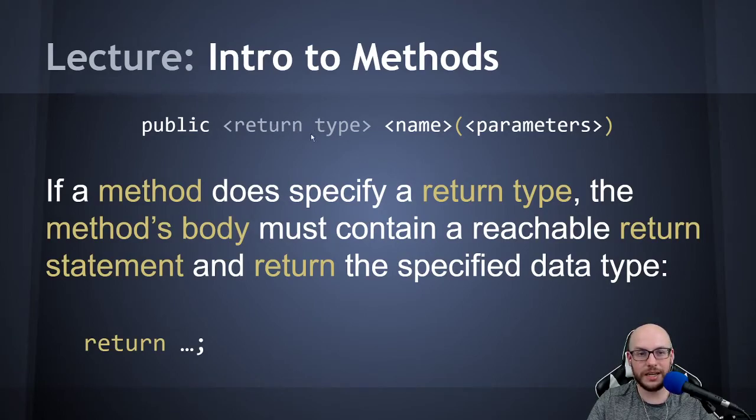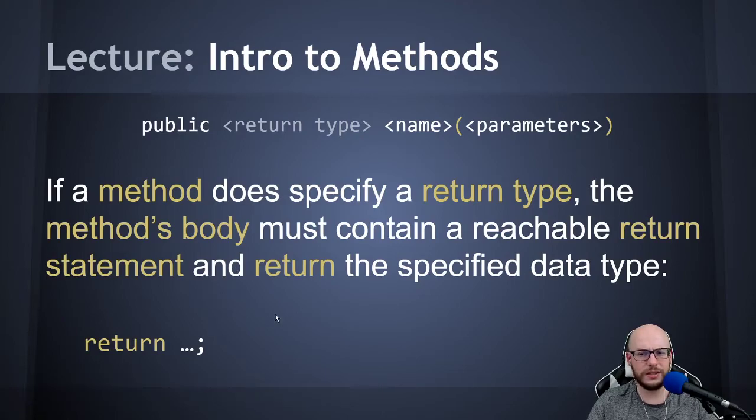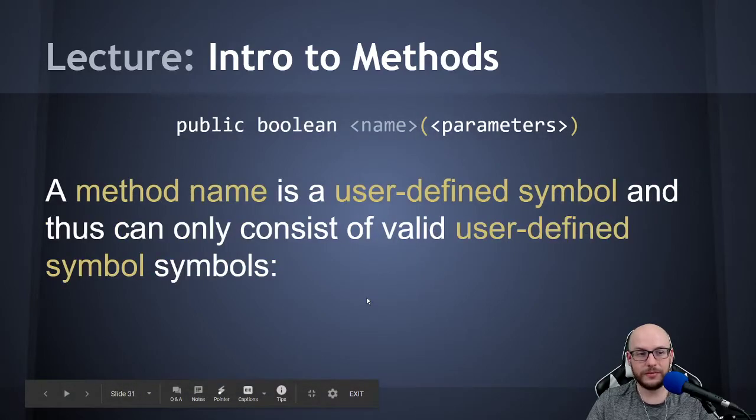If we specify a data type here, we're going to have a return statement. And simply put, a return statement is return, the thing that you're actually returning, semicolon. So if I say something like public int, I could say return 7. In theory, you have an algorithm going on that's doing more than just returning 7, but that's the idea.